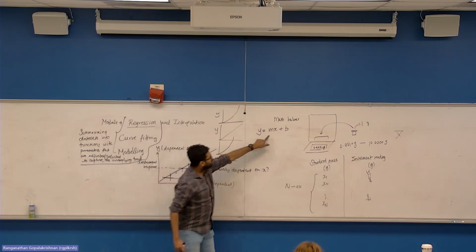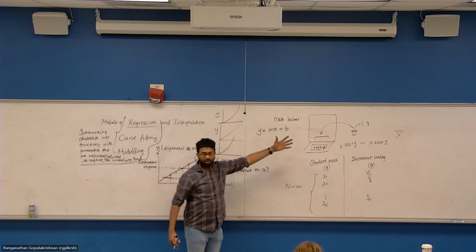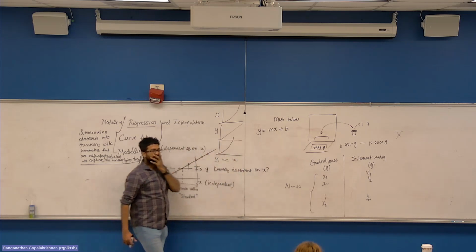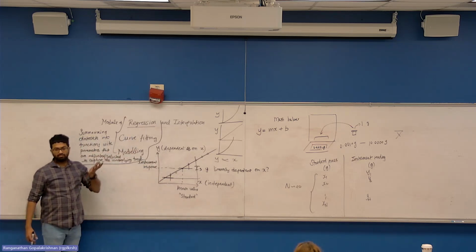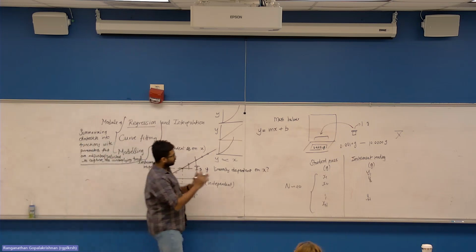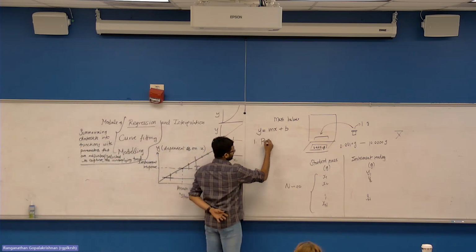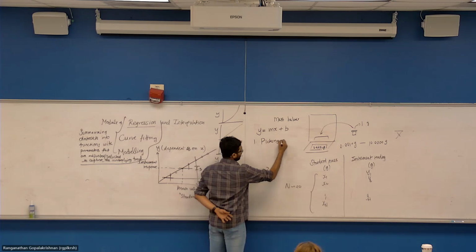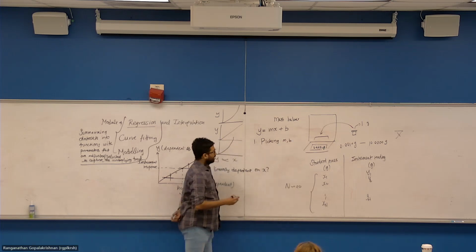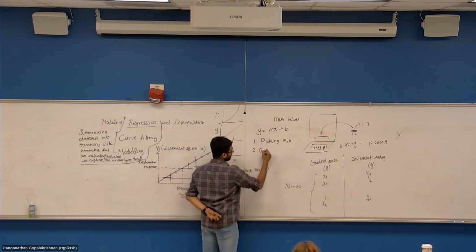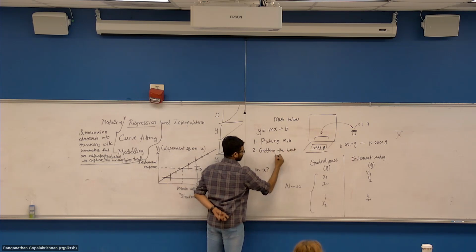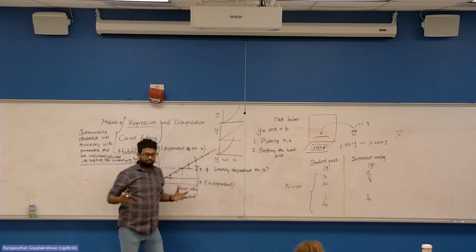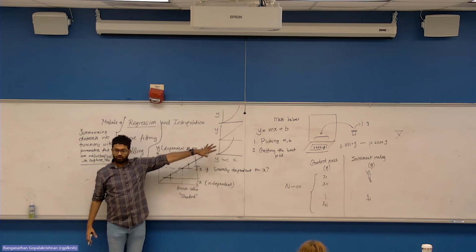Except m and b are not known. What value would you pick for m and b? Should you pick 0 and 1? Should you pick a specific value? You see, there are two steps here. One is picking m and b. Second is getting the best pick. I can just randomly pick a pair of values for m and b.